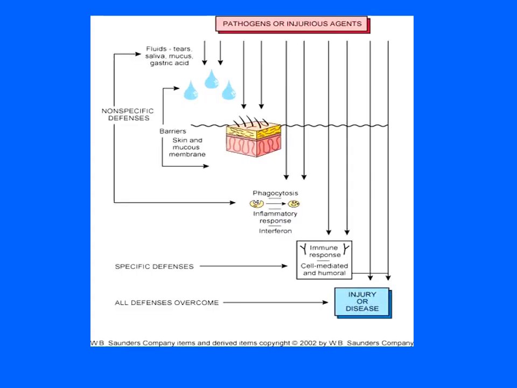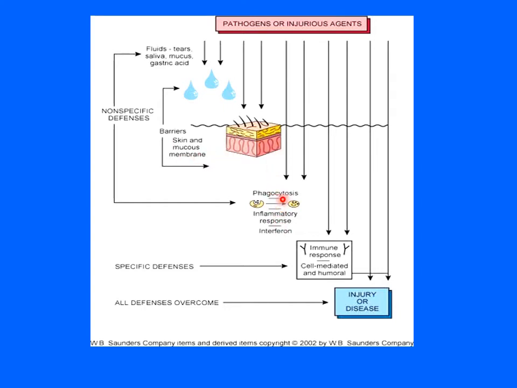If you look at the next picture, you'll see that this kind of gives you an idea of what's going on with the different lines. So non-specific first and second line through here. In that first line of defense, skin and mucous membranes, you have tears, fluids, saliva, mucus, gastric acid, and then here's the skin and mucous membrane barriers.